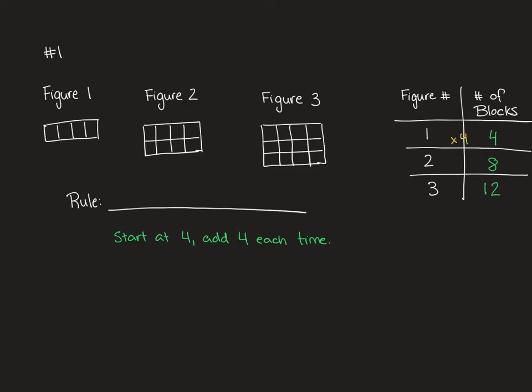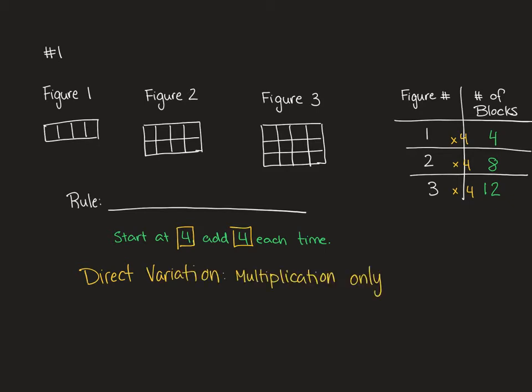So 1 times 4 is 4. 2 times 4 is 8. 3 times 4 is 12. So if your start at and your add or subtract number are the same, this is probably direct variation. So direct variation only has multiplying.